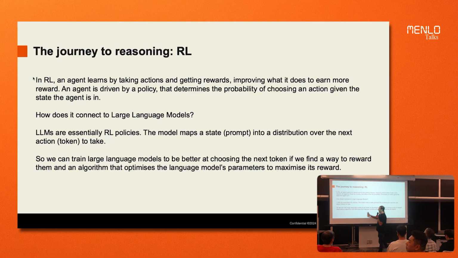And that's how language models can be seen as reinforcement learning agents, because given a particular state, which is a prompt, the language model should be able to choose the next action, so the next token, that will lead to a reward. And the RL pipeline is made in such a way that it optimizes the parameters of the language model to reinforce the series of actions that lead to a correct answer.